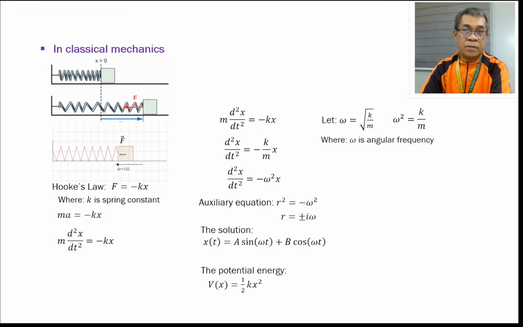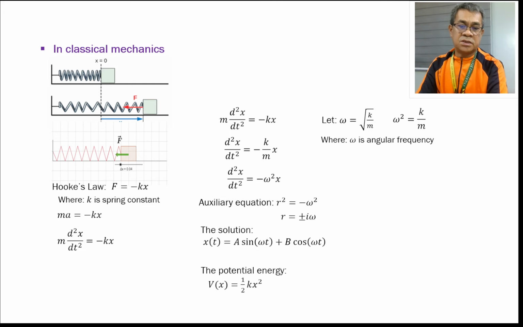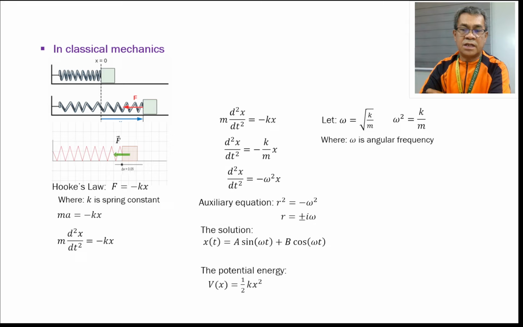If you plot force as a function of displacement, then the area bounded by x is the potential energy. So that is one half kx squared, where k is the spring constant and x is the compression. This is the potential energy for an elastic spring material.